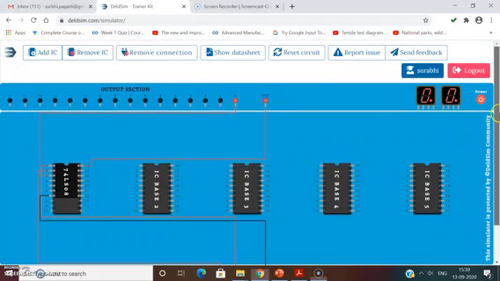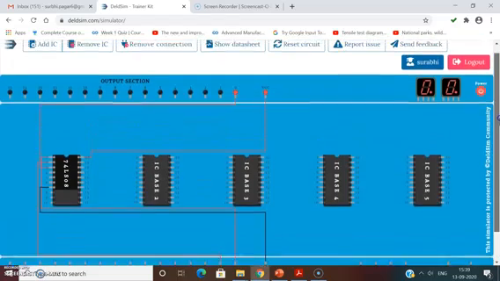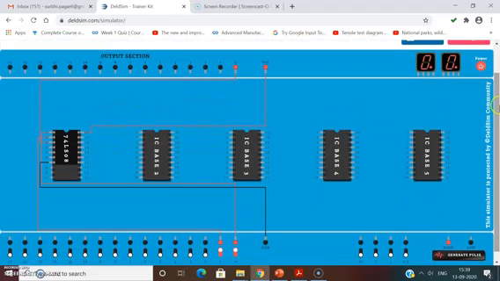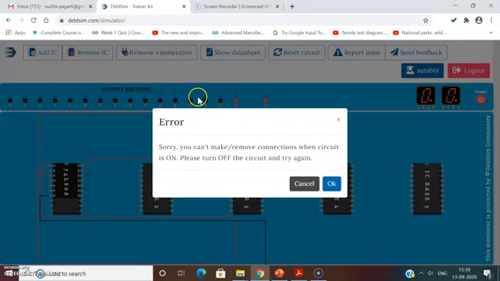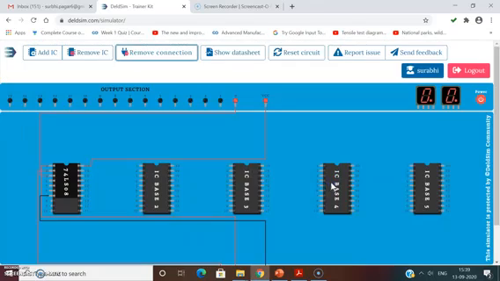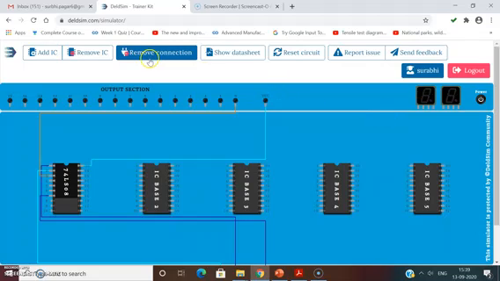Now if you want to remove any connection from this trainer kit, then you have to click on this remove connection. See, it will give you the error that sorry, you cannot make or remove connection when the circuit is on. So we have to power off the circuit first, and then we will remove connection. So click on remove connection and the connection you want to remove, and then click on the lines.